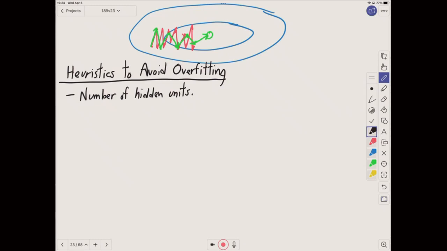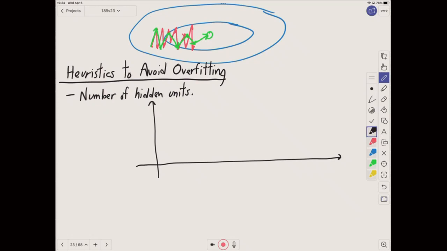Unfortunately, I cannot give you a simple formula for how many hidden units should be in each hidden layer. And there is a very strange phenomenon called double descent that has been the subject of a lot of research lately, where what people noticed is when they train very large neural networks, especially ones with wide layers, something strange happens.